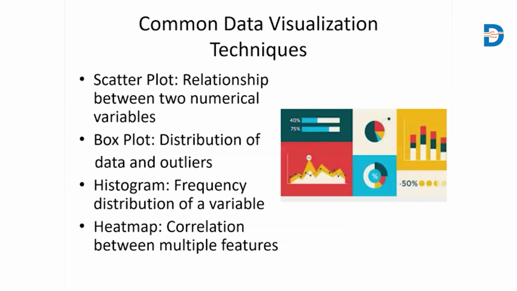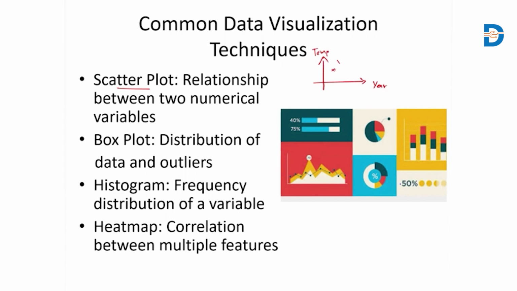Then we are going to see the common data visualization techniques. It usually includes scatter plot. A scatter plot basically analyzes the relationship between two different numerical variables. In the previous example, we have seen years, which is in the form of datetime, and then temperatures.